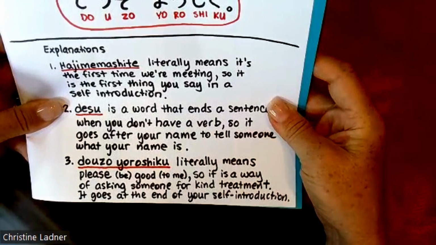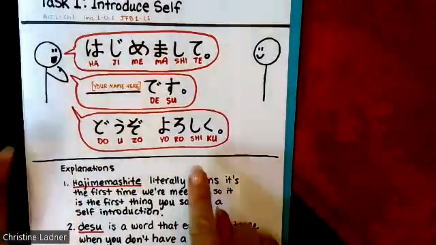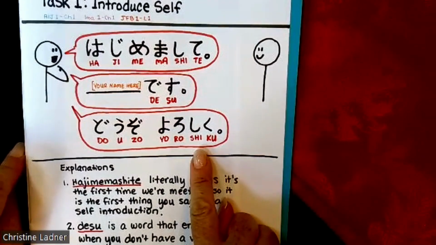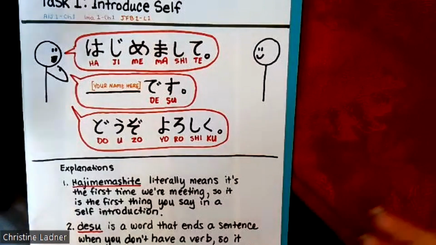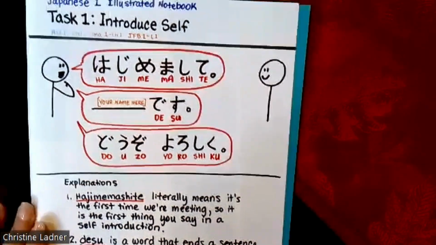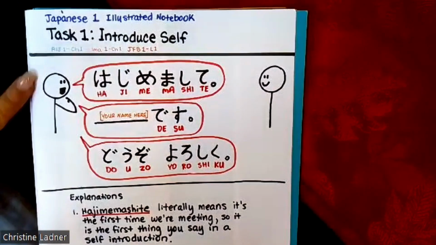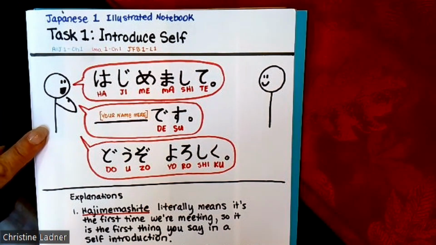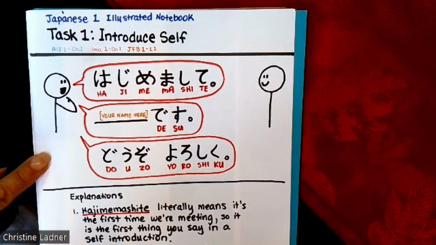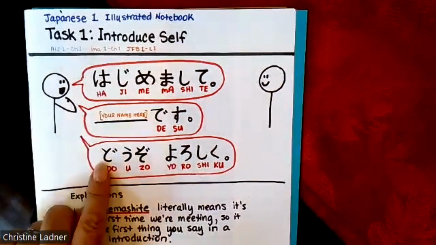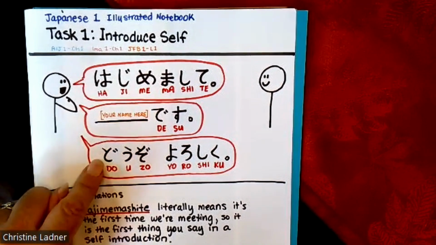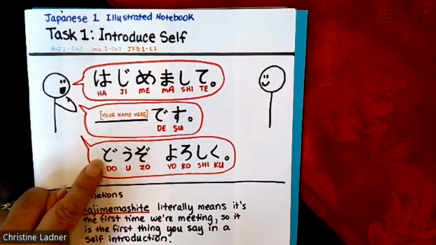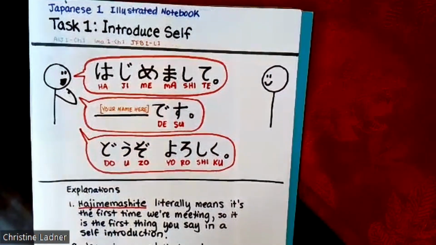It goes at the end of your self-introduction, and it's a way to humble yourself and acknowledge that you sort of are relying on them to treat you kindly, and of course you will do the same to them. So once again, Hajimemashite, your name, desu, douzo yoroshiku. Keep in mind there are going to be more versions of desu and more versions of douzo yoroshiku as you become more advanced in Japanese.